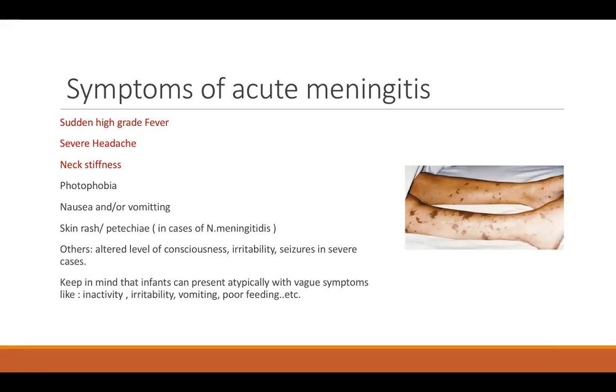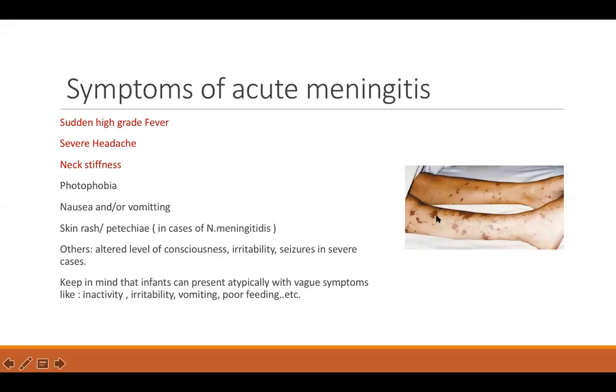Other symptoms: photophobia, which is sensitivity to bright light. There may also be nausea and or vomiting, and skin rash or petechiae. This is extremely important. Look at the picture that I put on the side. These appear in cases of Neisseria. They always love it in case scenarios. Someone went to Hajj and came back with fever, headache, and neck stiffness. On examination you found this.